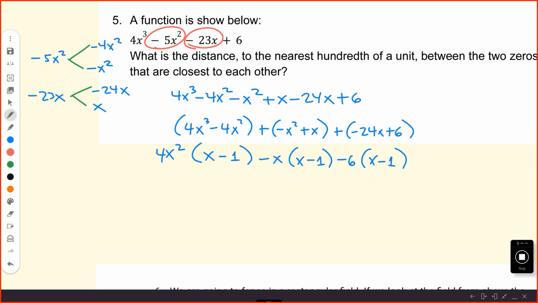Oh, no, this is 4x. Yes, 4x. So it doesn't work? No. That means we have to regroup. So the last 2 terms we have to regroup.